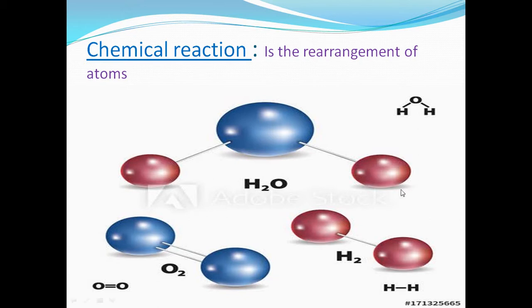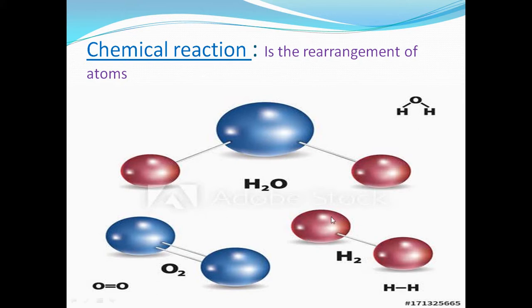Again, if I have hydrogen in the form of gas, and this is oxygen, also gas. After putting them together in one tube and increasing the temperature and pressure, what is happening? It will change into a new substance, which is water.